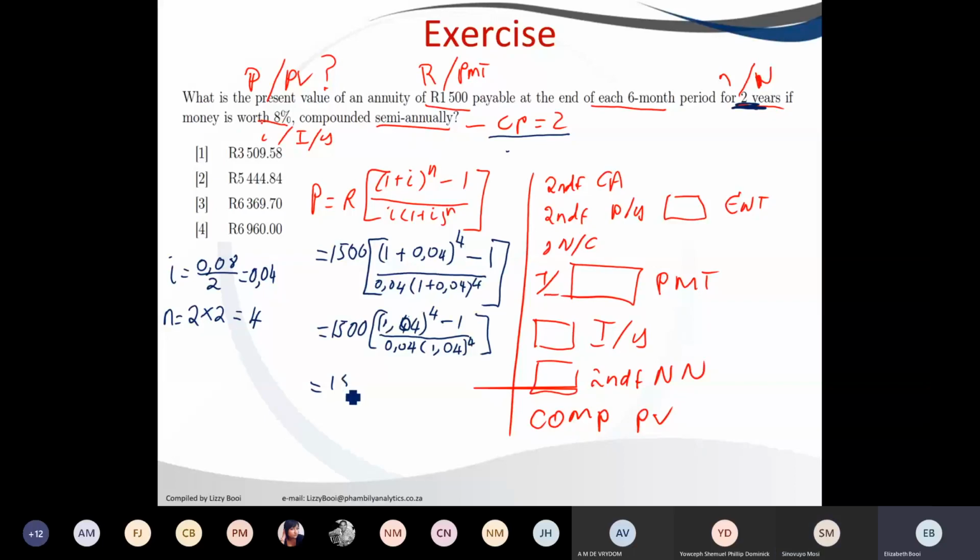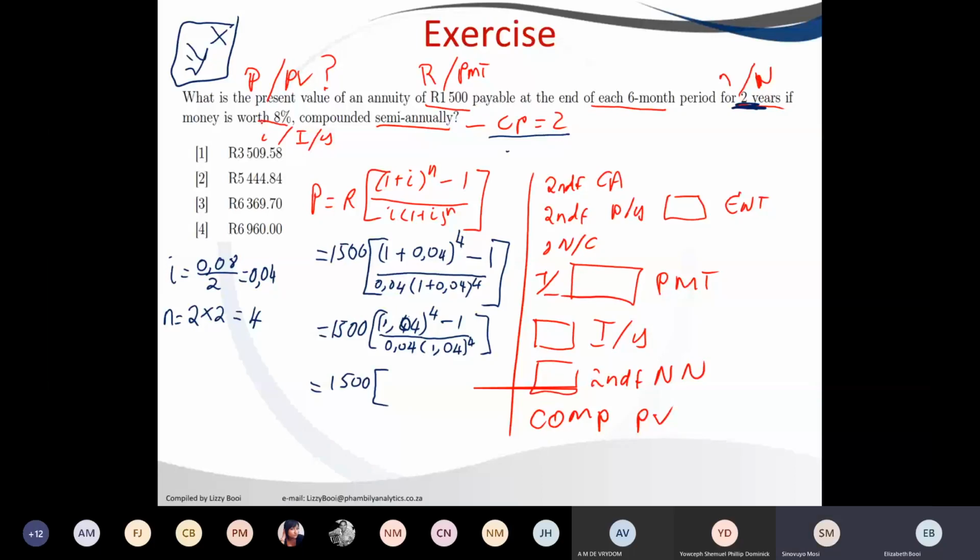Then you go 1,500. Since I'm going to run out of space, I'm going to do the top part first. So 1.04 was the answer I got. Now I look for the function that looks like y to the power x, because that is the button that will help me take it to the power of 4.